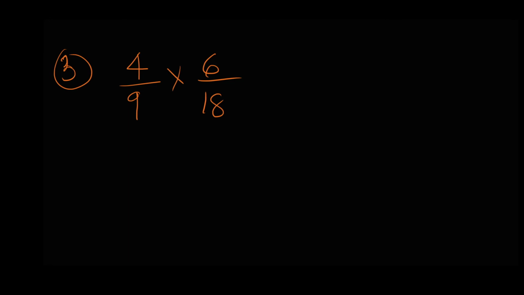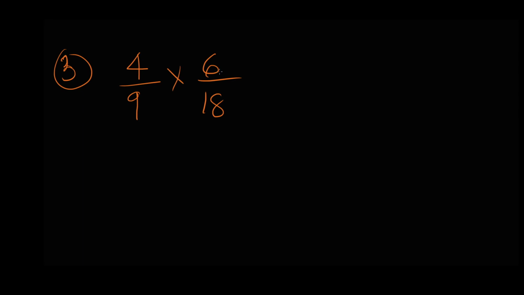If you take note of this multiplication, you realize that this is 6, this is 9, this is 18, and this is 4. So this is a numerator, and this is a denominator.